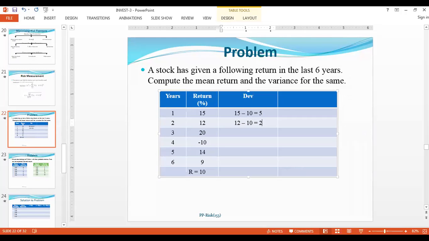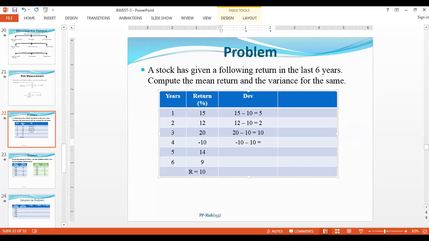Next, 20 minus 10. What's your answer? 10, right? Next, minus 10 minus 10.